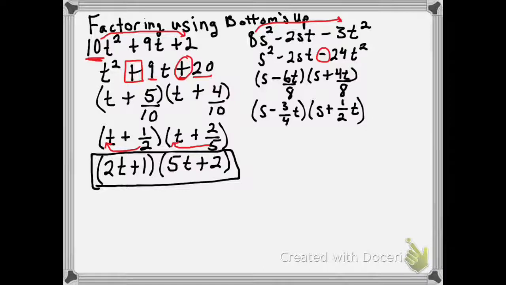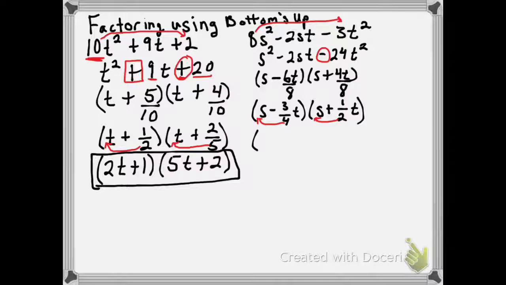And again, those two binomials don't multiply to give us what we started with. We need to move the denominators back up. And so we're going to move the 4 back up and the 2 back up again. Thus the name bottoms up.